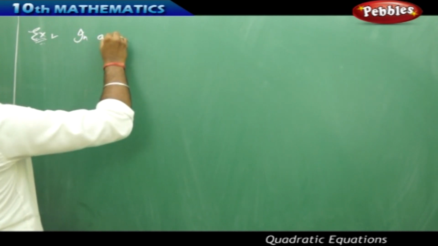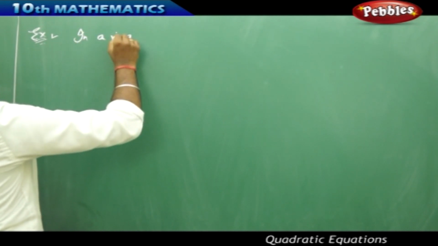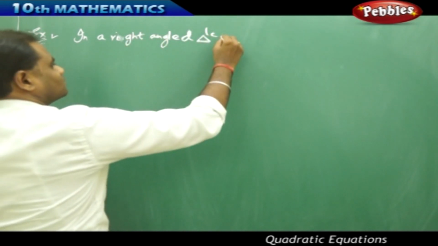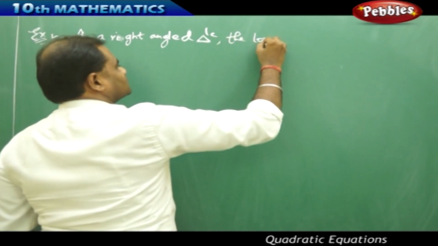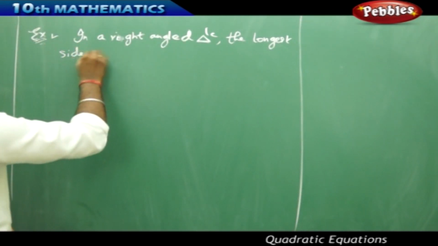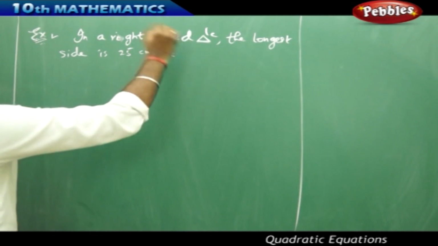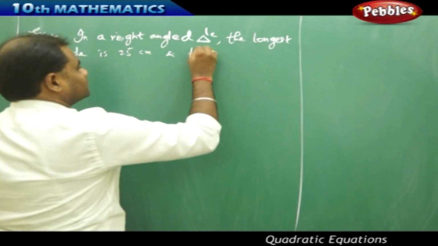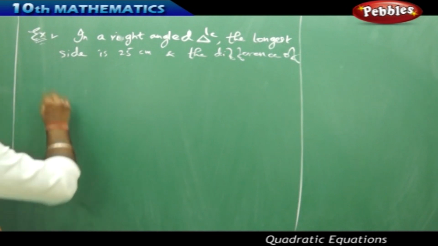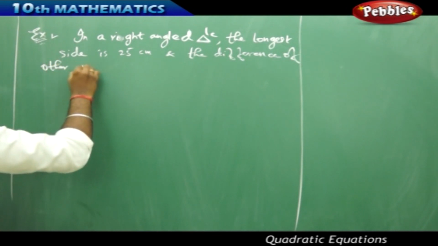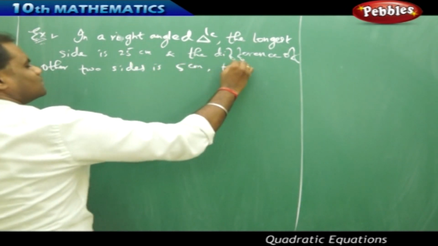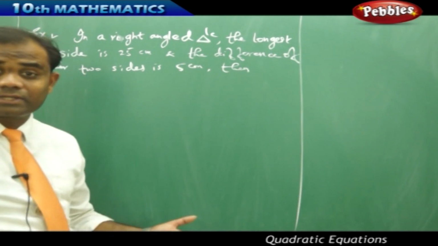So the question says, in a right angled triangle, the longest side is 25 centimeters and the difference of other two sides is 5 centimeters, then I had to find the other two sides, is the question.